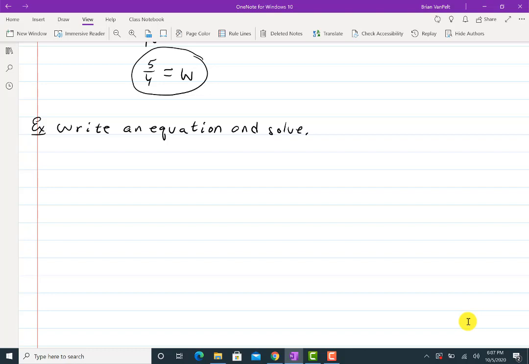I'm going to write down a sentence, and from that sentence I want you to make an equation. Here's what it says: 5 more than half a number is 13.